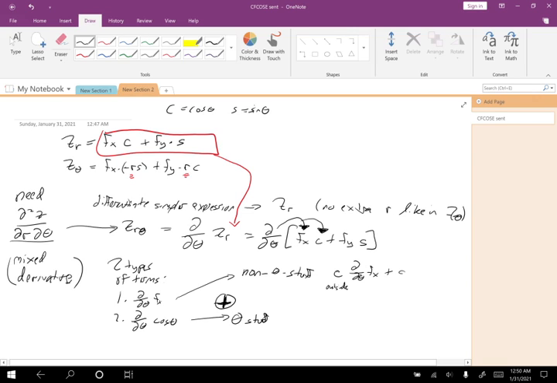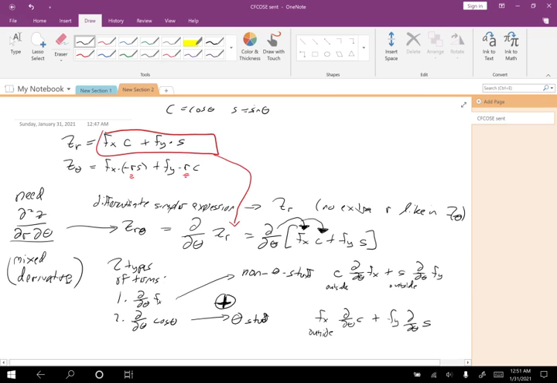And similarly, the s will go on the outside, and I will apply the derivative of theta to f sub y. And for the theta stuff, I will now put f sub x on the outside and apply the derivative of theta to c. And similarly, f sub y, I will apply the derivative of theta to s.